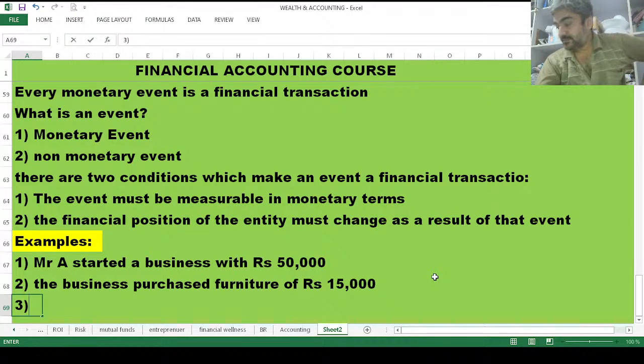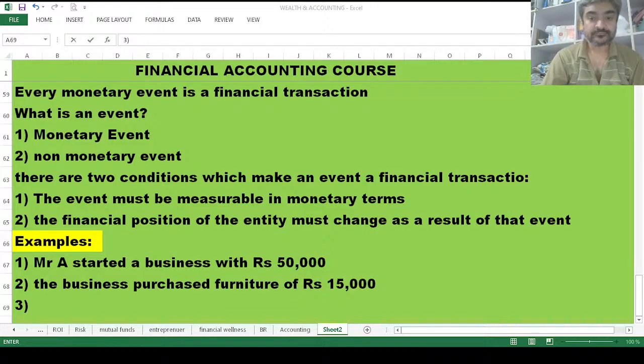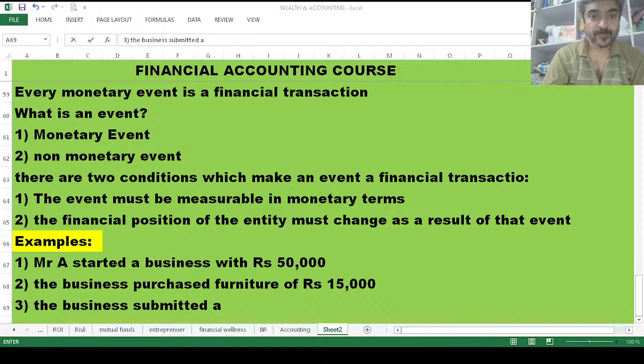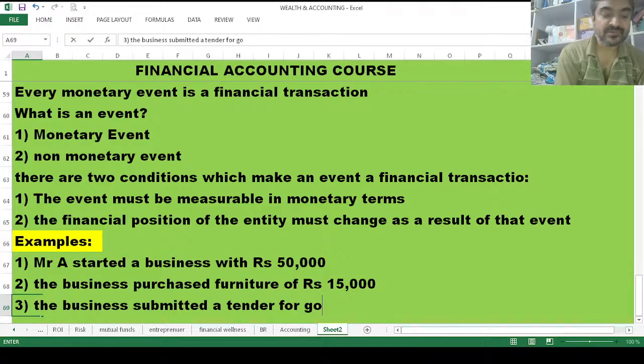Now let's take the third example, which is the business submitted a tender for goods worth rupees 100,000.